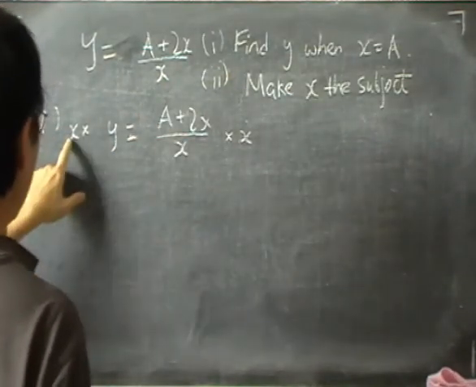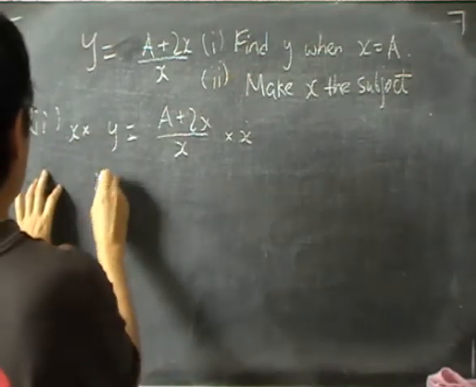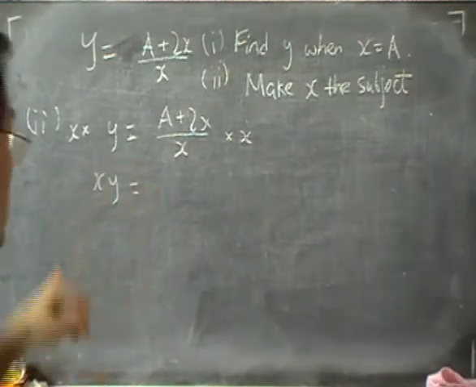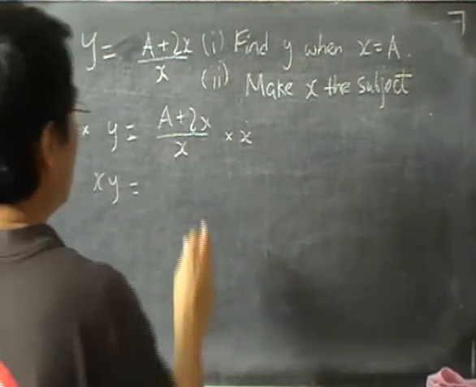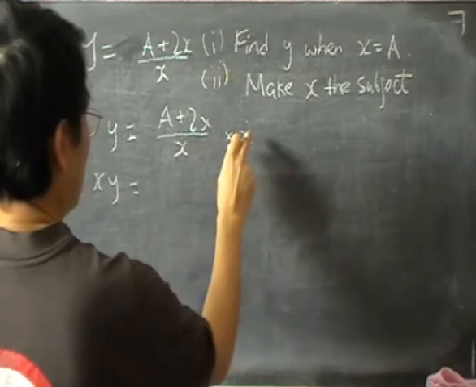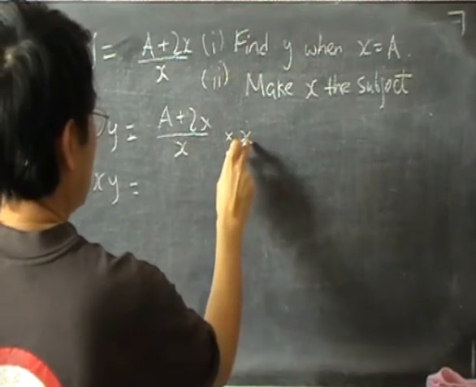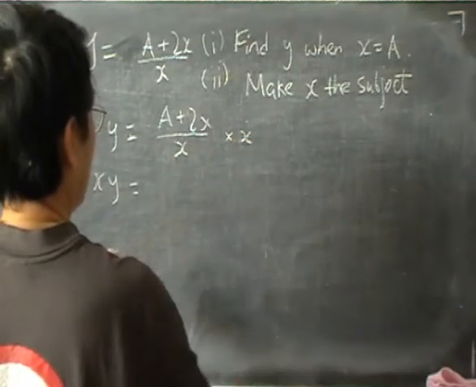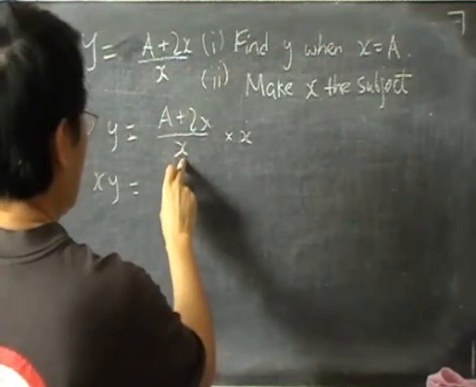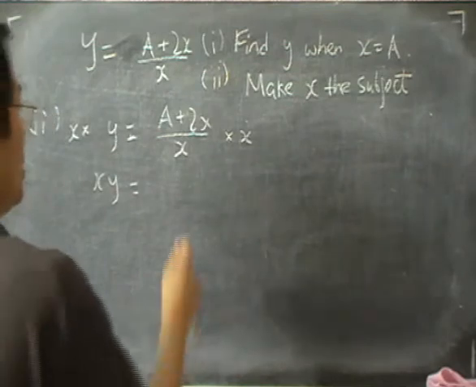Left side, I have x times y, which is xy. The right side, I have this fraction times the x, and I have x multiplying here, and I have x here at the bottom.